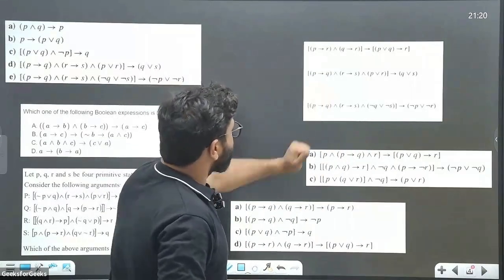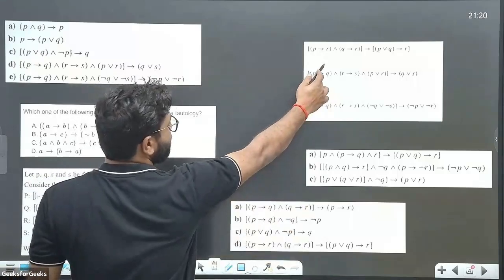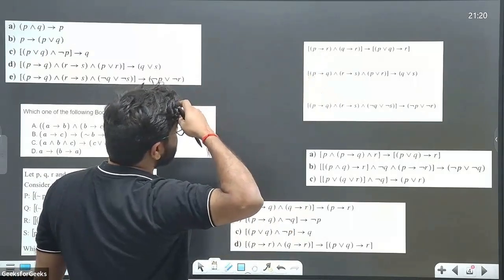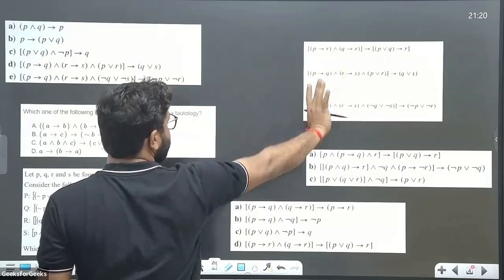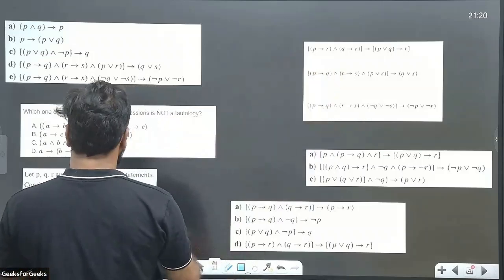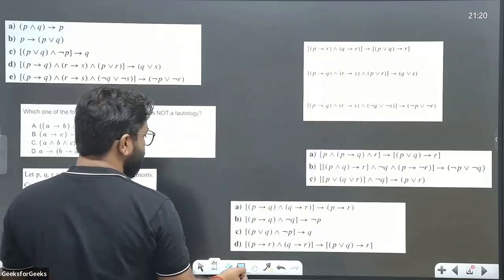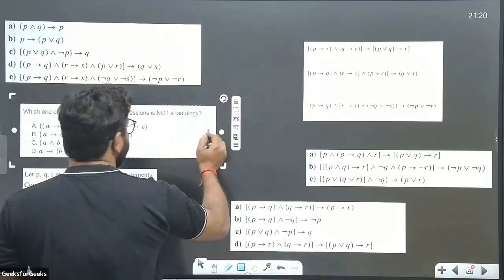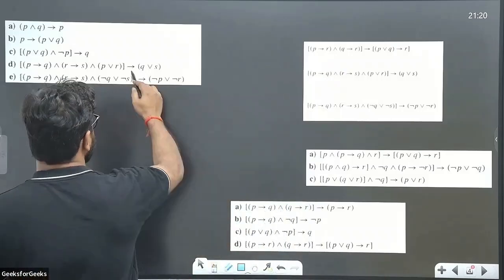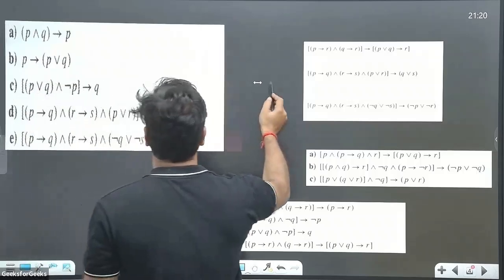I hope that everybody can solve this. I think P implies R, Q implies R. In this, everything is a tautology. We have solved these two. Now, if you have any doubt related to any particular things, you can tell me. Okay, what about this?